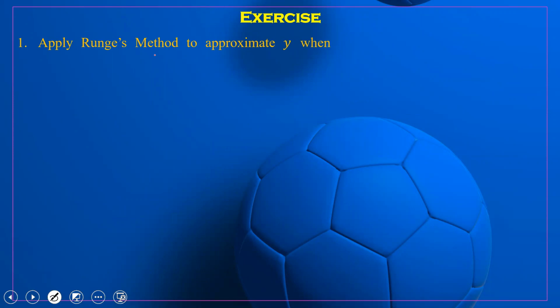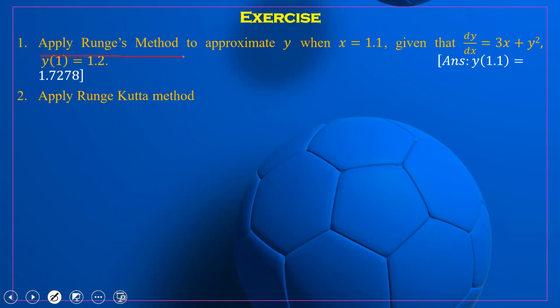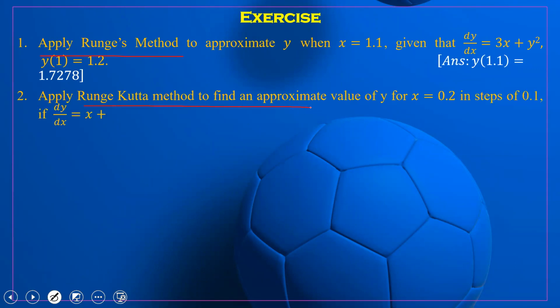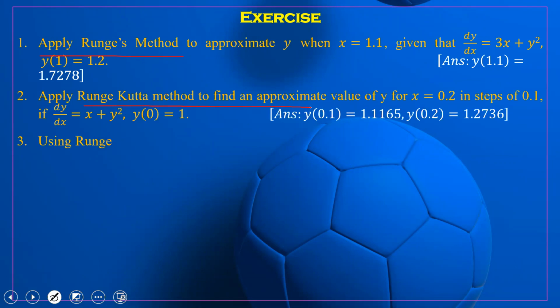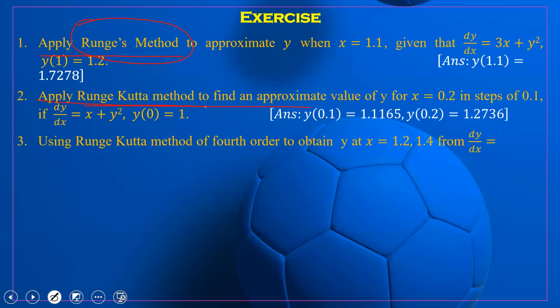Apply the RK method. The first example is from the Runge method: approximate y when x is equal to 1.1, given this. The second one is again from the Runge-Kutta method of fourth order. The probability of a question coming from the Runge method is very low, but one question will compulsorily come from the RK method of fourth order.